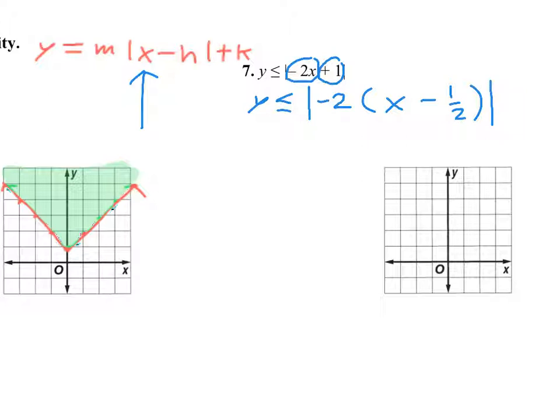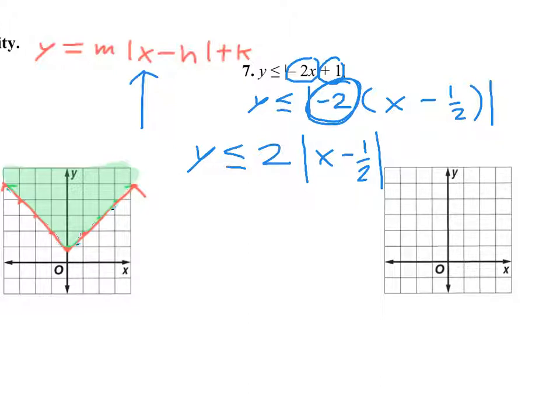Okay, so I know the absolute value of -2, so I can take the absolute value of -2 and remove that out. The absolute value of -2 is +2. The x minus 1/2 then stays on the inside. Right, so why did the -2 become +2?